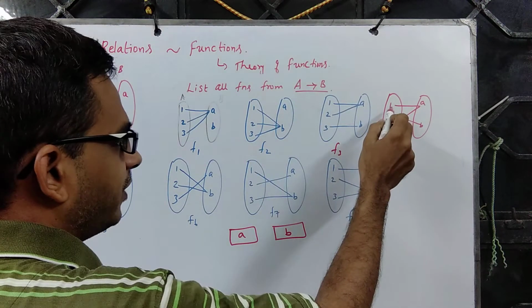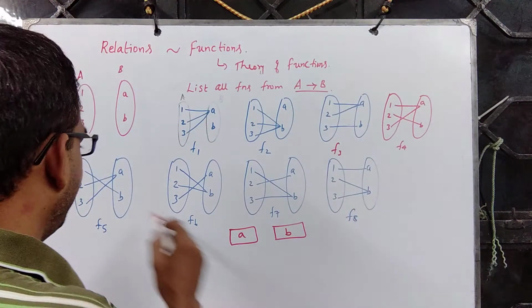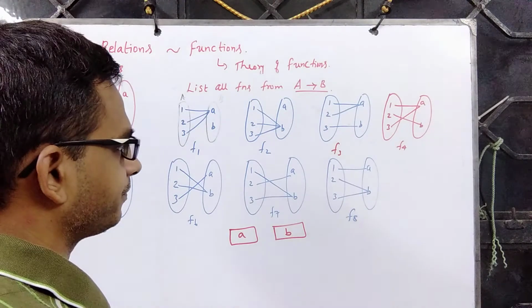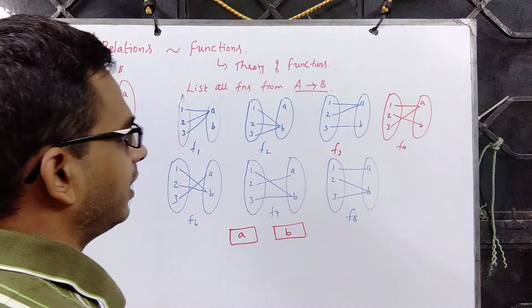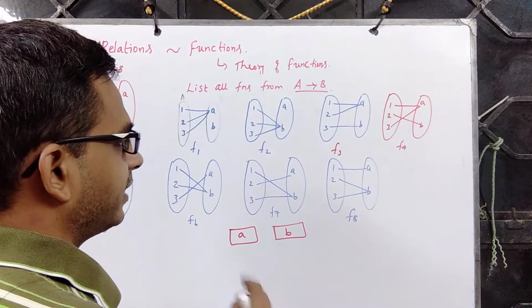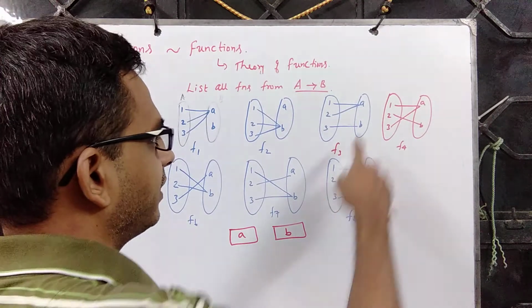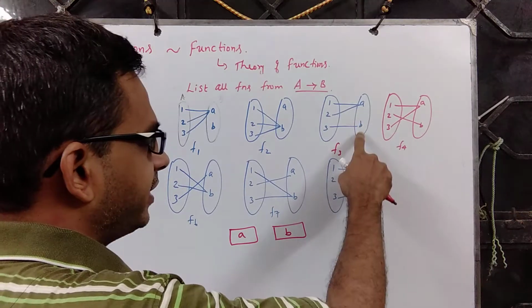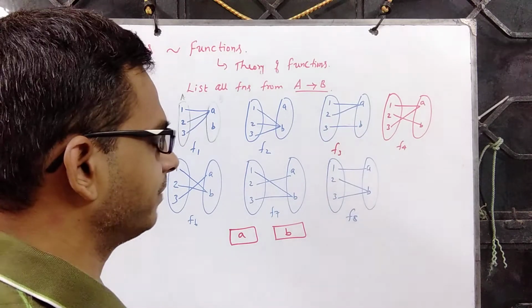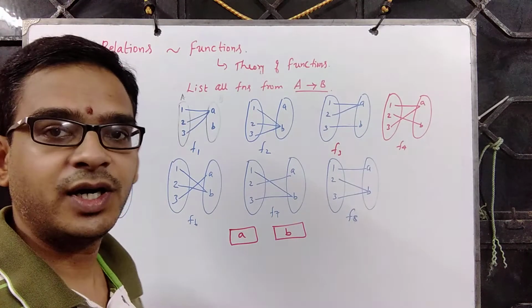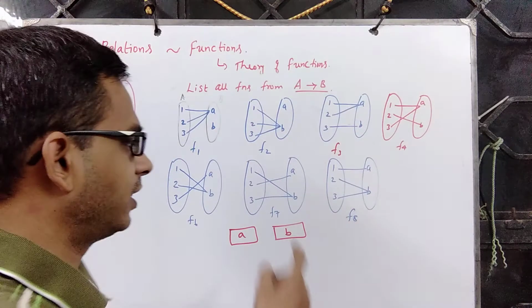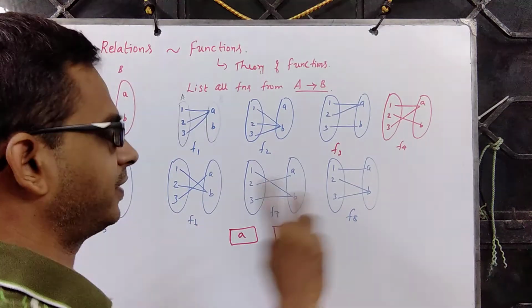And A can be mapped to any of this. A can be mapped to any of this, correct? And in that sense, how many possibilities are there for A? How many possibilities are there for B? And that's precisely what we are interested in counting as part of this.